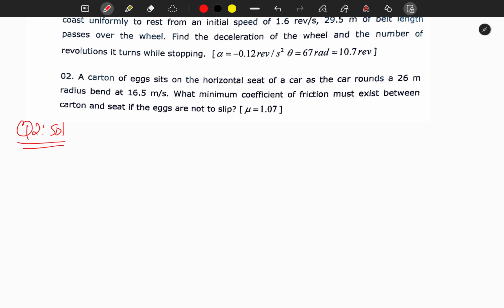Assume you're driving and this is a roundabout and this is your car and inside there are eggs. So they are saying for these eggs not to fall as you move around this circular path, what coefficient of friction must exist between the carton and the seat such that the eggs do not slip? So this is what we are going to find.